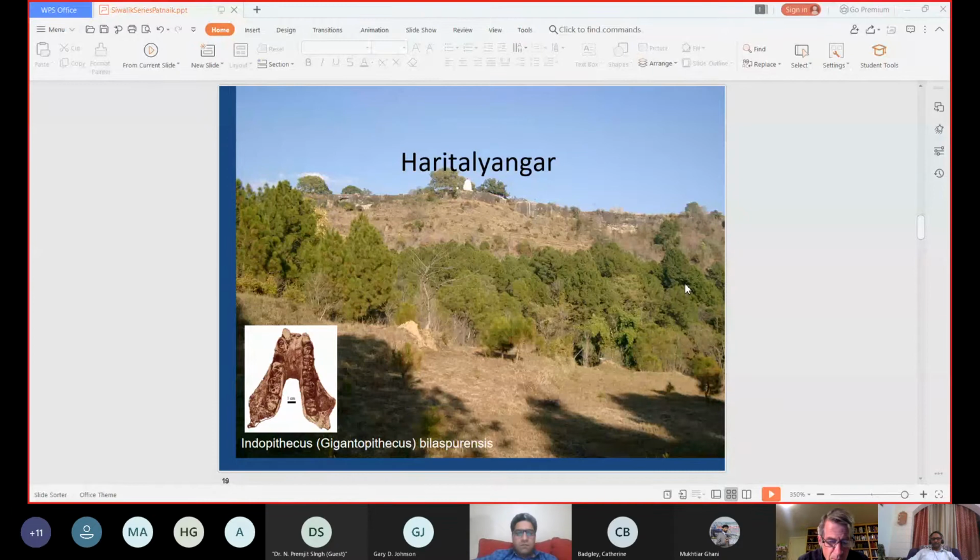And we also have Siwapithecus, Krishnapithecus, and many smaller primates, Tupaya and other tree shrews. So a lot of sample material has come from this very site.